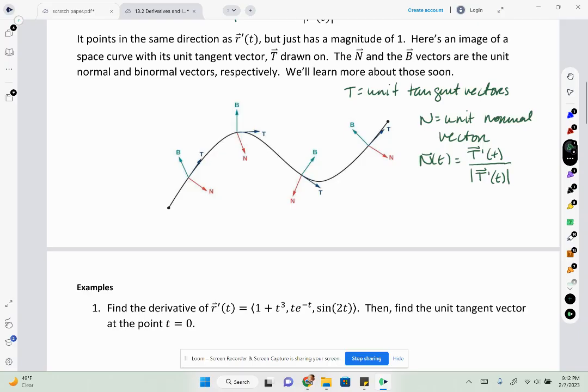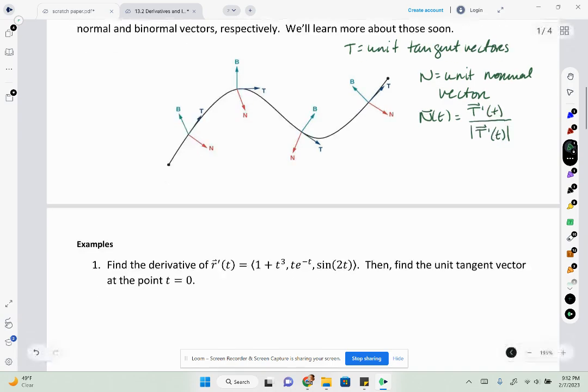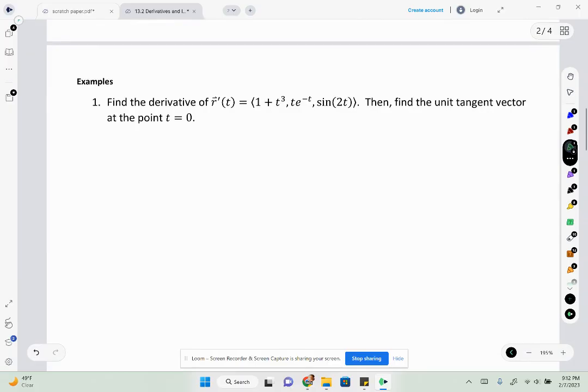Like if you think of the x, y, and z axes of the octant, those are all perpendicular to each other as well. Like the i hat, j hat, k hat standard basis vectors that represent x, y, and z, those are all perpendicular to each other as well. Well, the TNB also has that same relationship. Okay, let's move on and find some derivatives.